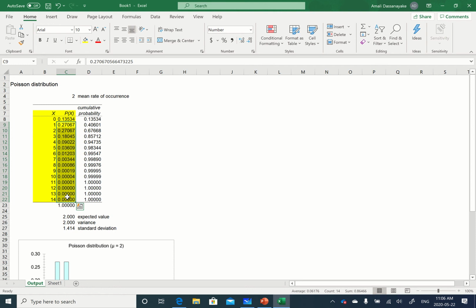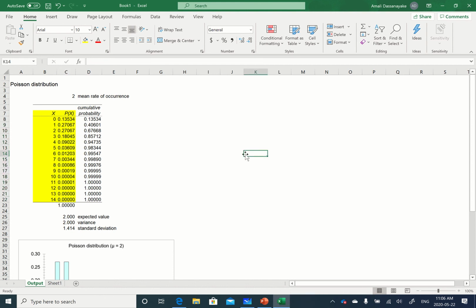You can read the summation down here. When you select an array of numbers in Excel, it gives you some summaries down here. So the summation is 0.86466. So that's the probability that at least one automobile would arrive at this exit in a particular minute.